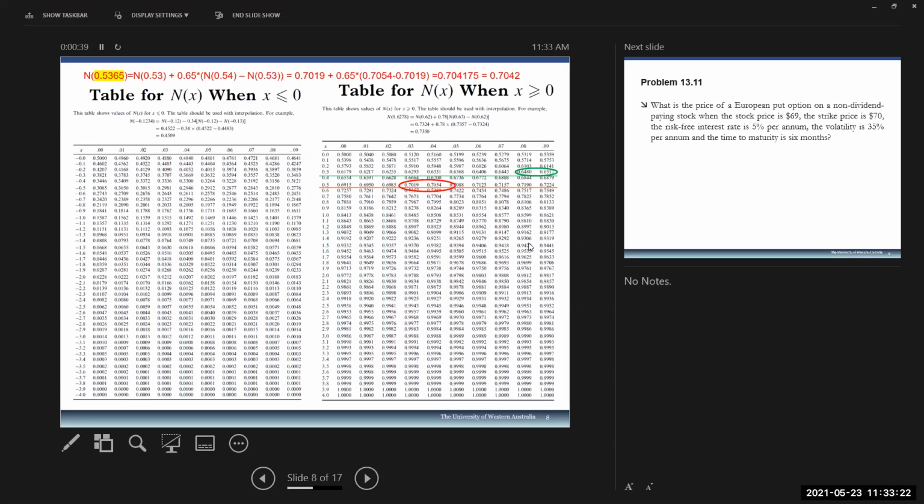You use the formula: 0.53 value plus 65% of the gap between 0.54 and 0.53. Do the opposite if it's negative. When I say the opposite, it's really the opposite, because here -0.12 is the larger number of the two, since -0.12 is bigger than -0.13. So it's the larger number minus the percentage of the gap, whereas for positive it's the smaller number plus the percentage of the gap. Just knowing that, make sure you get the right answer.